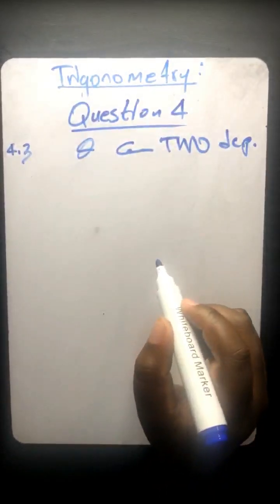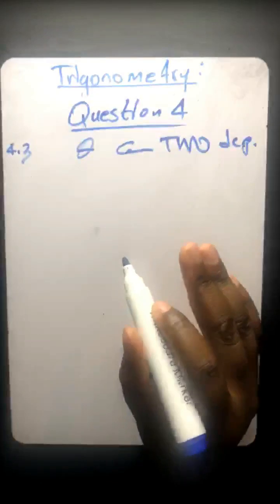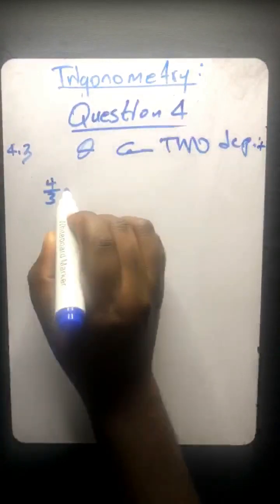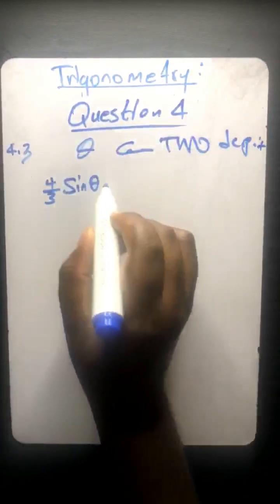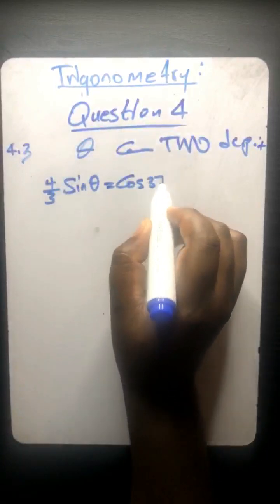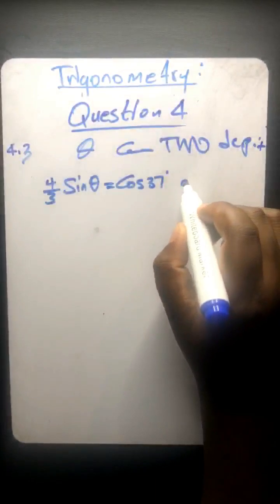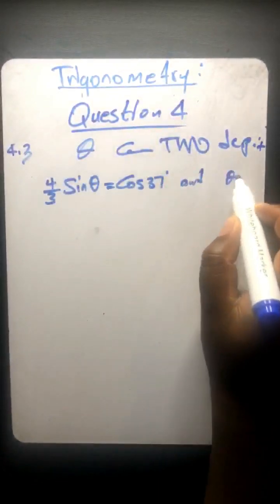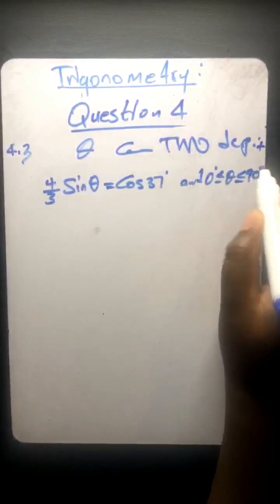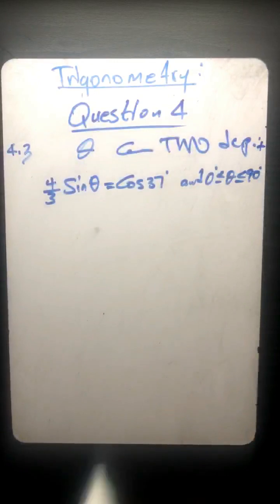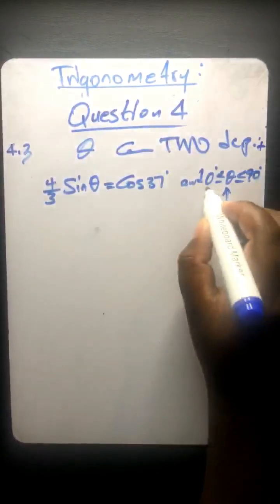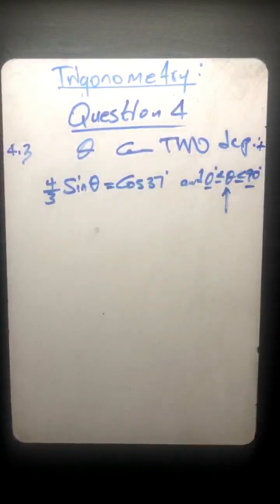No, they just say solve for angle theta to two decimal places, if 4/3 sine theta equals cos 37 degrees, and that angle theta is between 0 degrees and 90 degrees, which is an indication that whatever answer you get as you solve for angle theta, it has to be between 0 and 90. That's when you know you've done it correctly.